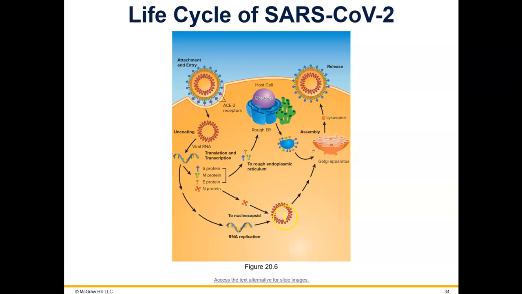The N protein ends up going to the Golgi as well. So the S, M, and E protein go to the rough ER first, and then the Golgi, and the N protein just goes straight to the Golgi. And then all of the viral components are assembled and they are released from the host cell, which is our respiratory cells.